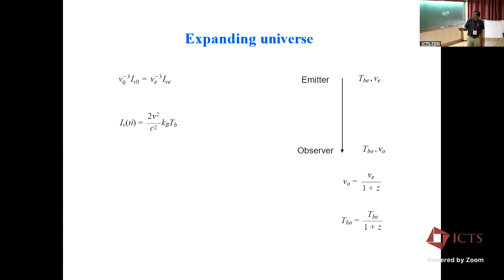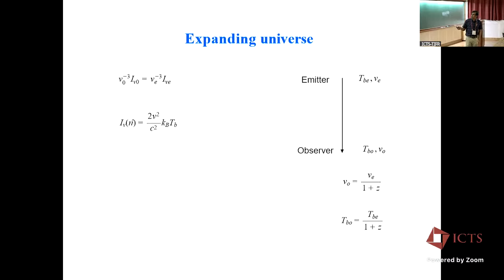Now, one more thing: the universe is expanding, right? If it is not expanding, then specific intensity will remain the same along its path. But if it is expanding, then specific intensity will not remain the same, and you can calculate it using this relation.